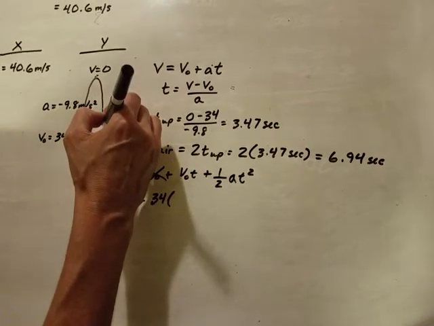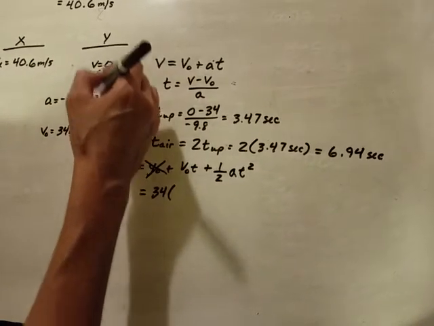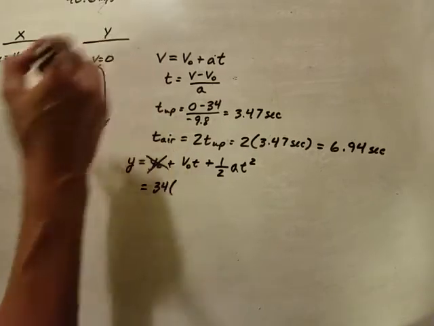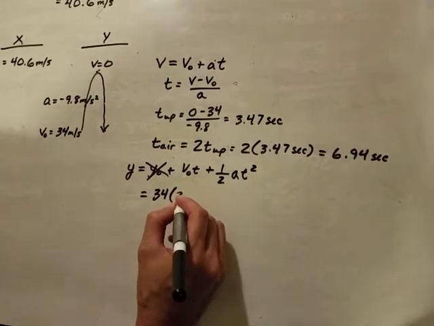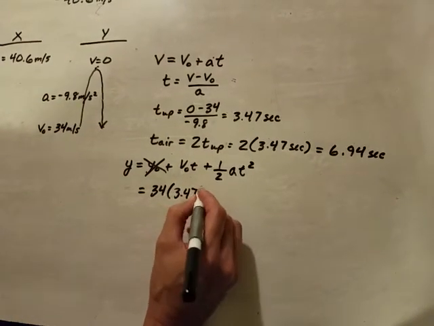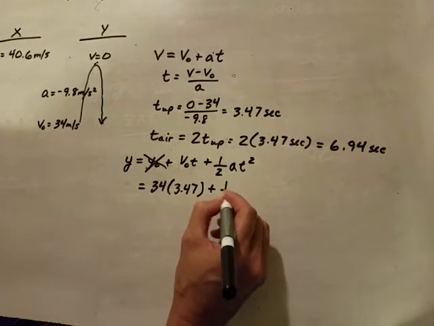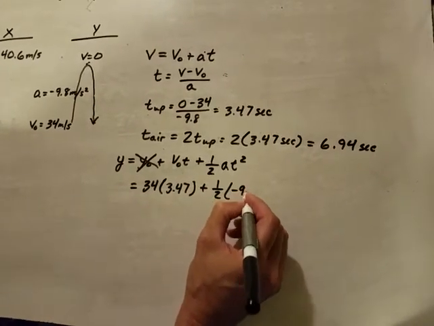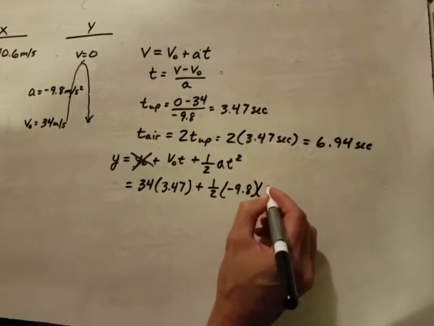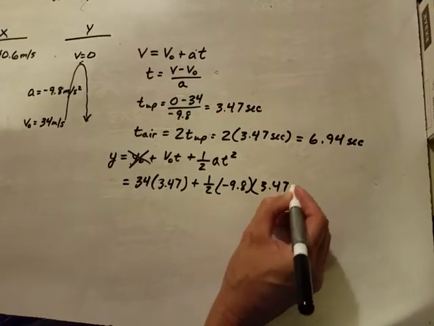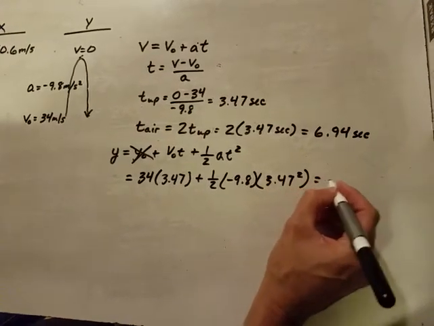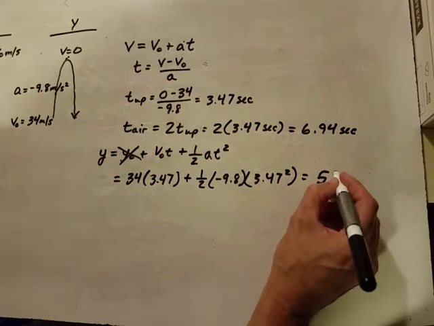In fact, we should get 0 if we use the whole time in the air. So we want to use the time up because that's where it is the highest. So that's 34 times 3.47 seconds, plus 1/2 times negative 9.8 times 3.47 squared. And that would give us 59 meters.